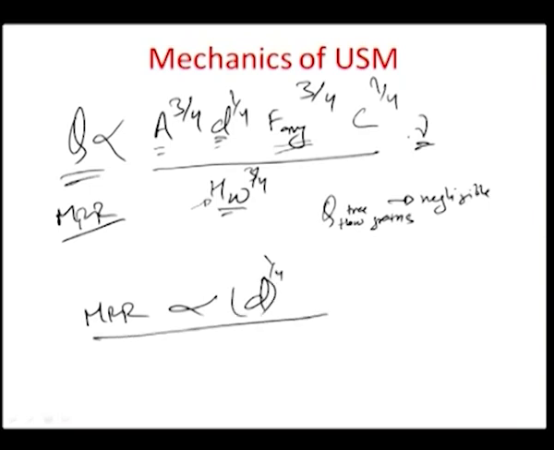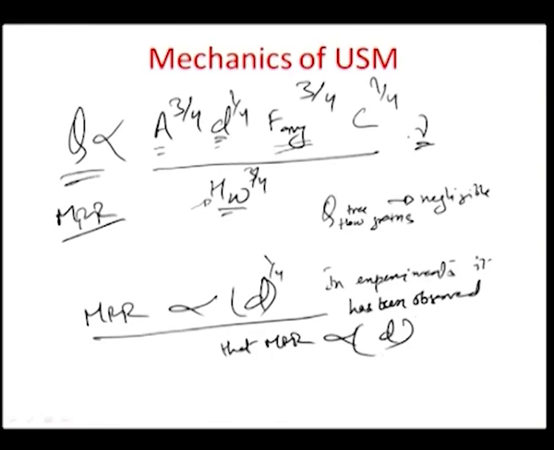Unfortunately that is not so, because in experiments it has been observed that the material removal rate is proportional to the first power of d and not d to the power of 1 by 4.